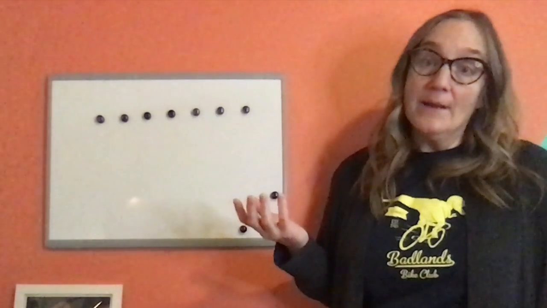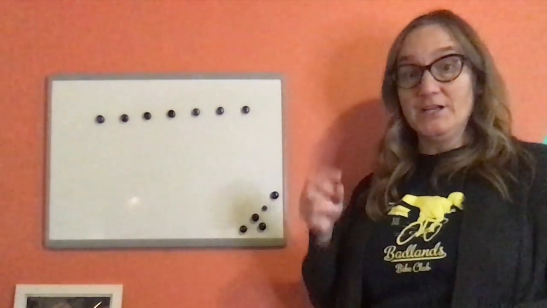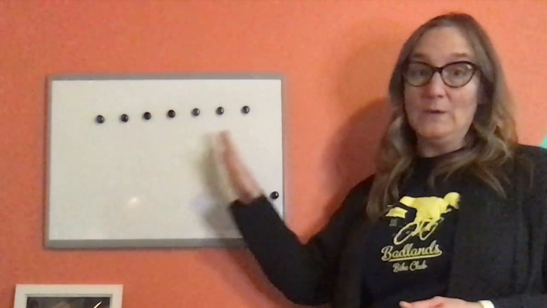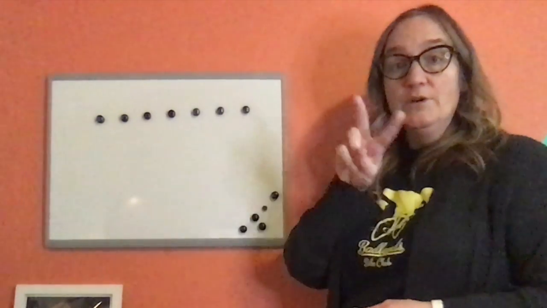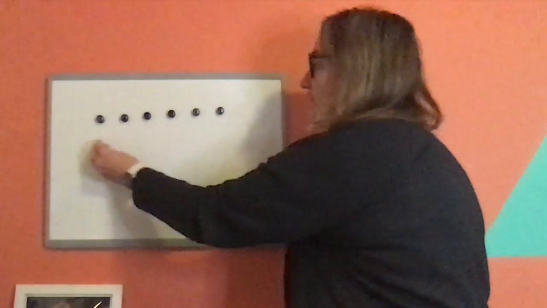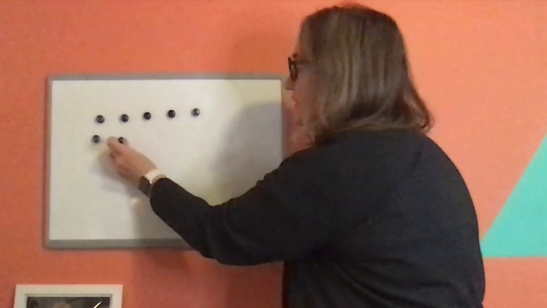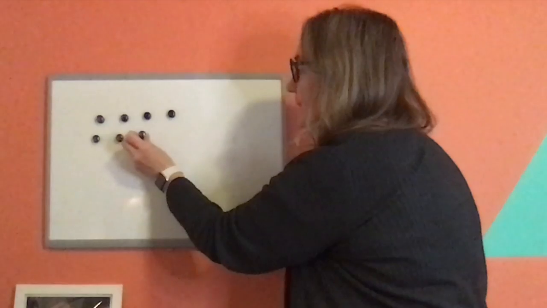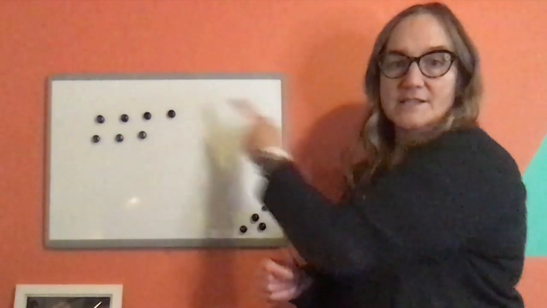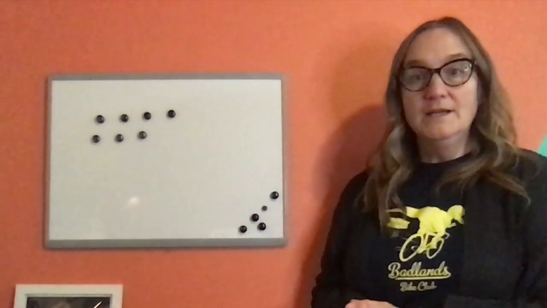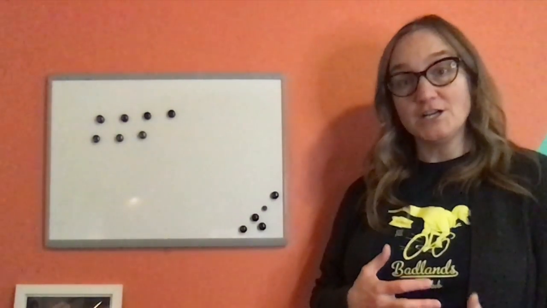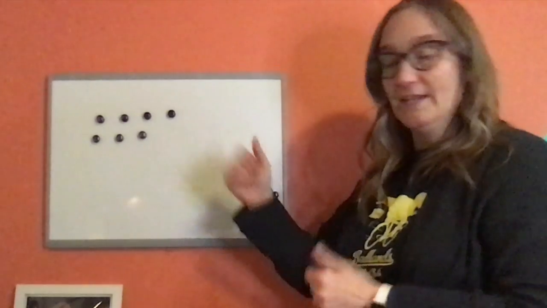So it could be a prime number, because the definition of a prime number is it only has the 2 factors, 1 and itself. Let's see if we can make 7 with 2 rows. So I'm going to start taking my counters and lining them up in rows, and I end up with 1 left over. So 2 cannot be a factor of 7 because I have 1 left over.